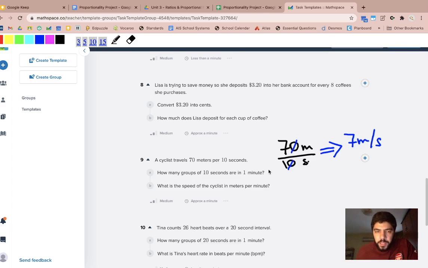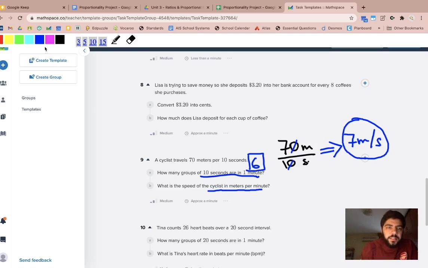Okay? It says how many groups of 10 seconds are in 1 minute? Well, 6, because 1 minute is 60 seconds. And then what is the speed of the cyclist in meters per minute? So if I'm going 7 meters per second, I know that there are 60 seconds in a minute.